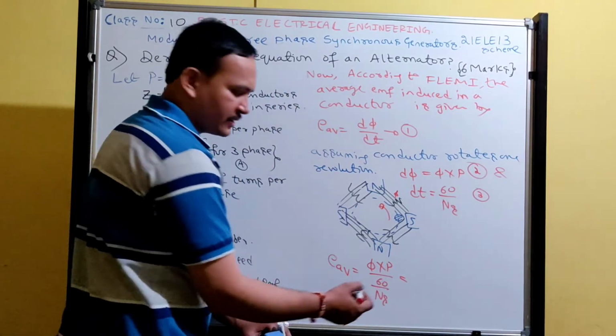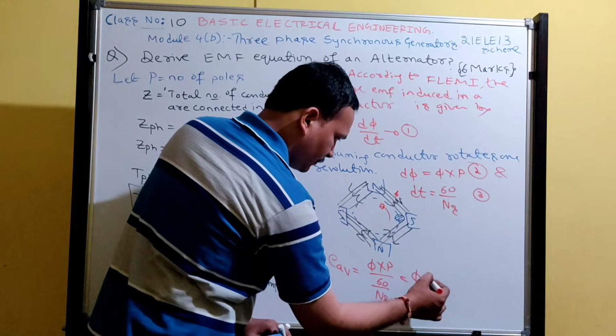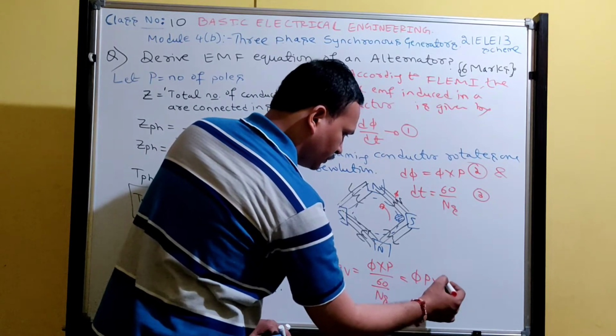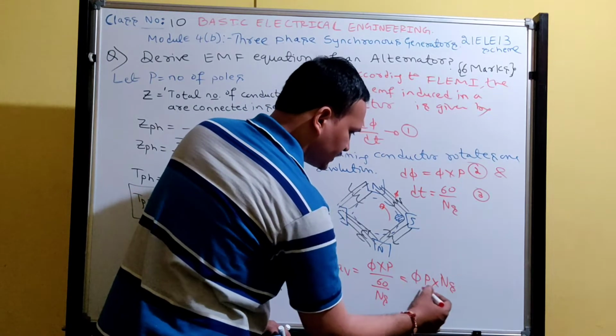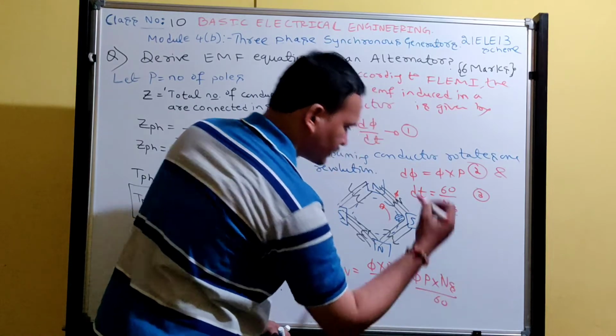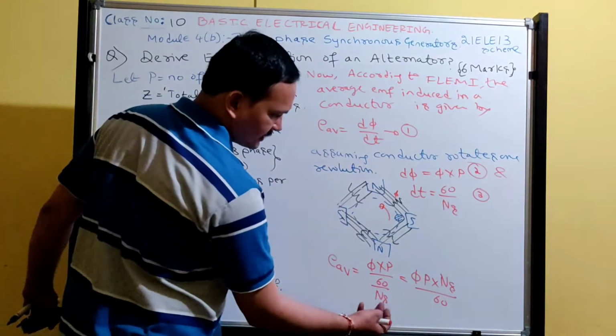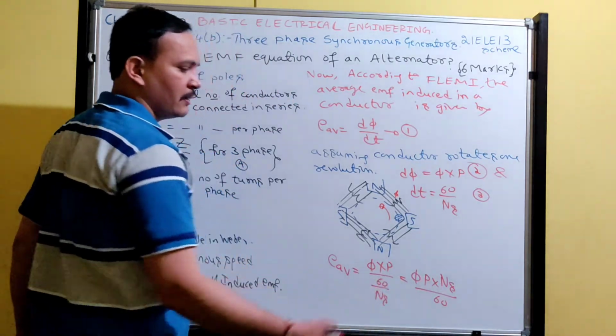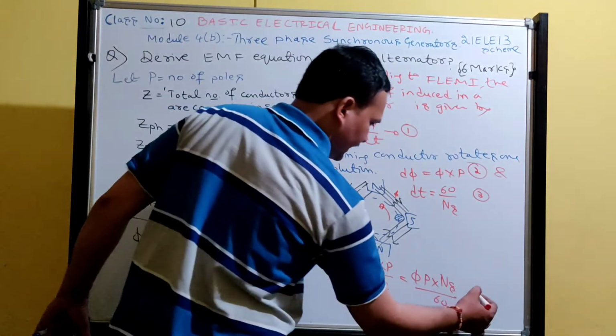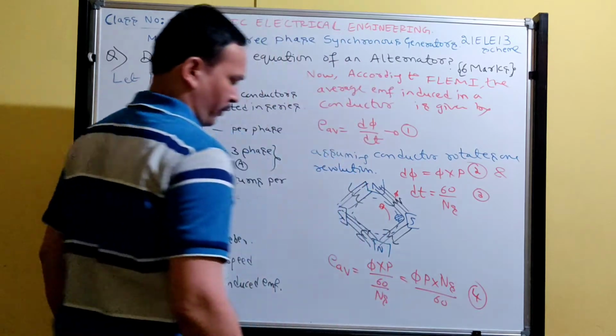By replacing, we can write, in easy steps, Φ P by 60 by Ns. Further simplification: Φ P into Ns by 60. This Ns goes to the numerator and 60 comes to the denominator. Take this as equation number 4.